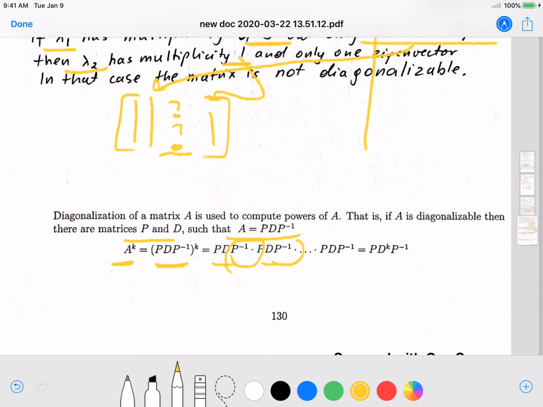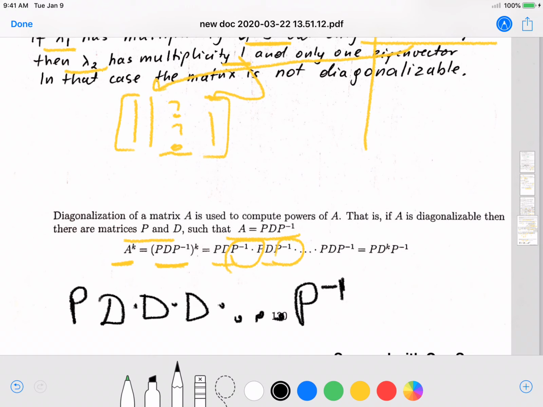So all of them in between are gonna be identity. What I'm gonna be left with is P times D times D times D times D, and at the end, I'm gonna be left with P inverse. So that means that D is to the power k, and that's what I have here.